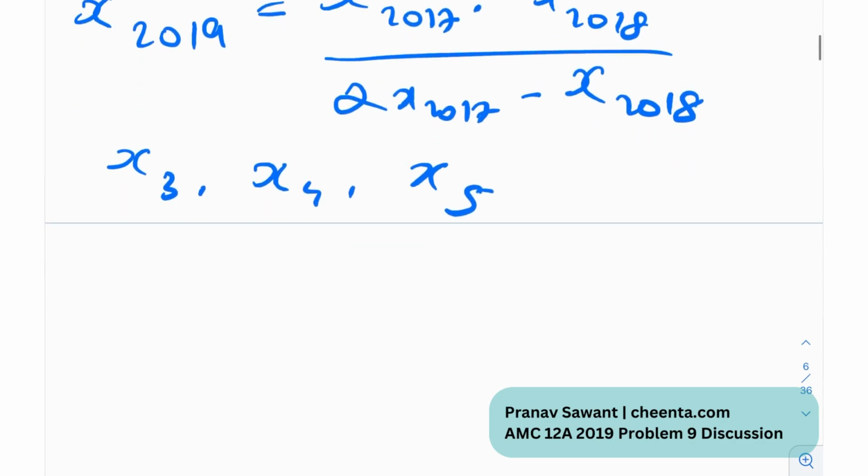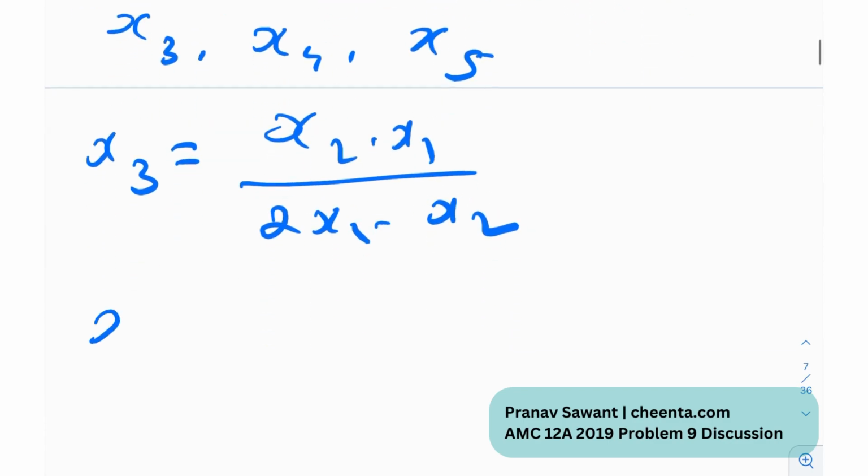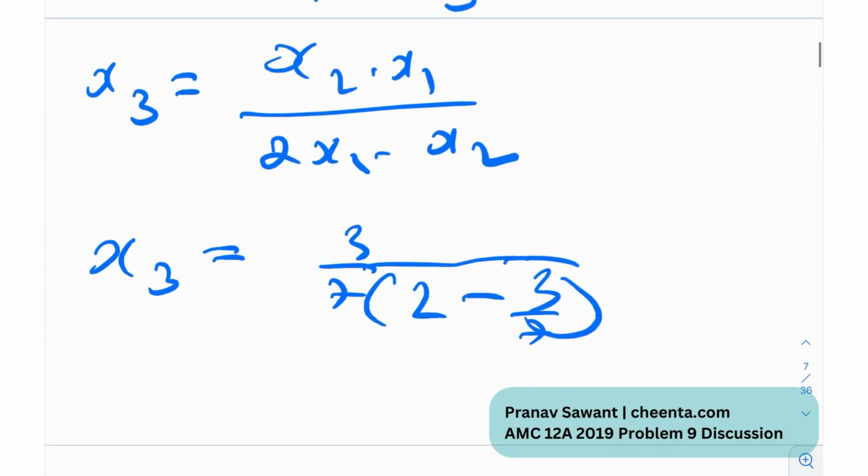So let's try to find the value of x3. x3 would be nothing but x2 times x1 divided by 2 times x1 minus x2, right? And if I plug in the values of x1 and x2, I would get 3 by 7 divided by 2 minus 3 by 7, right? So essentially x3 would be 3 by 11.